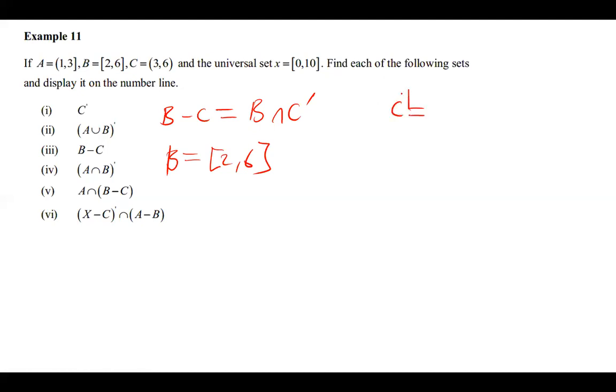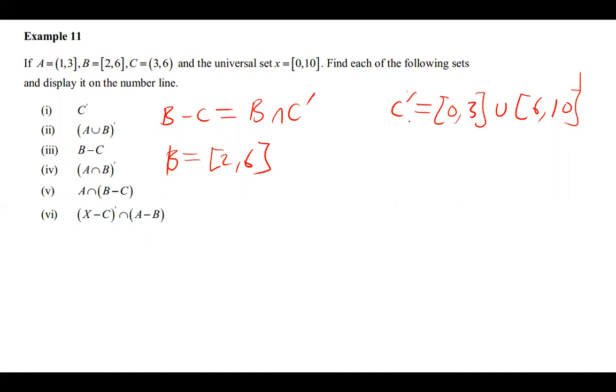C complement is from 0 to 3, closed at 3, union from 6 to 10, closed at 6 and closed at 10. So this is our C complement.